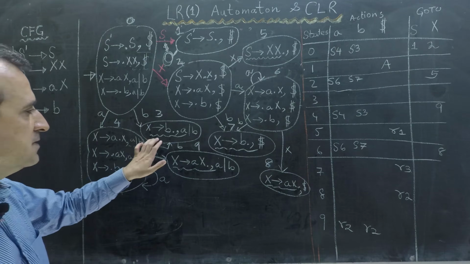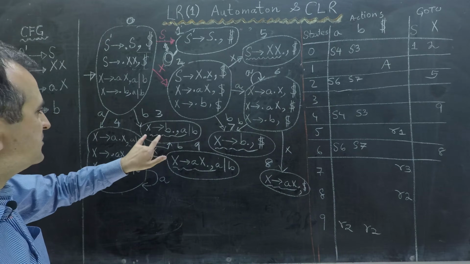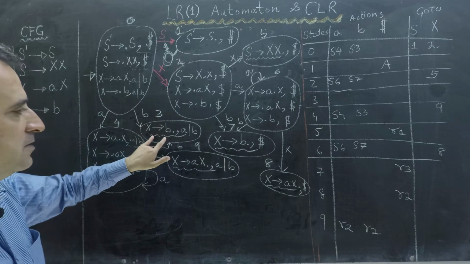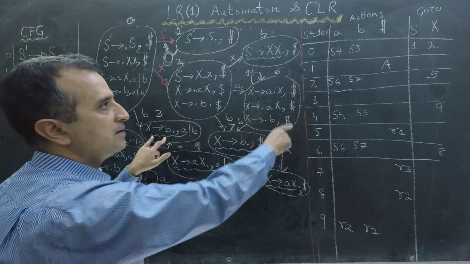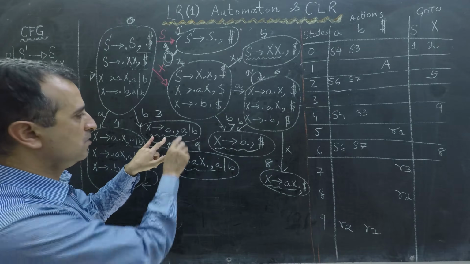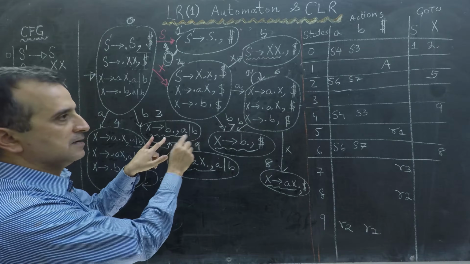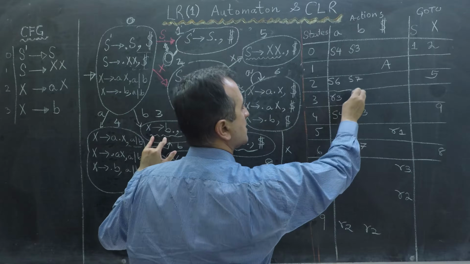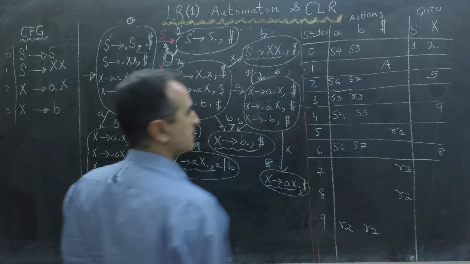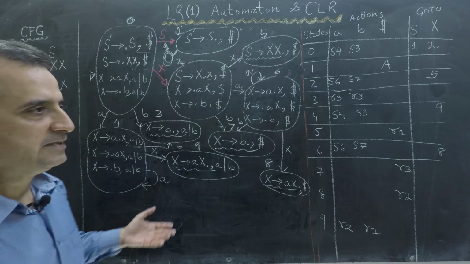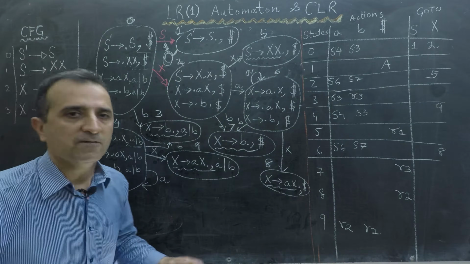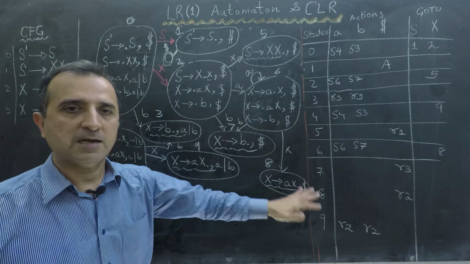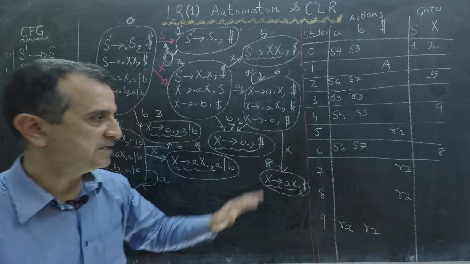Now this is production number 3 and the state number is also 3. So in state 3 I will add R3 on both A and B symbols. So I will add here R3, R3. And that's it. So this is my final predictive parsing table for CLR.